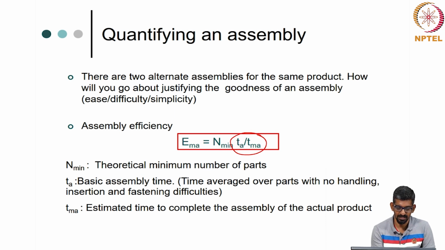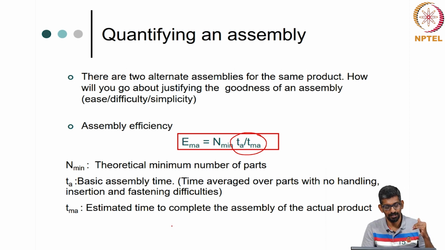What it says is there is a ratio TA divided by TMA. TMA is the estimated time to complete the actual assembly or the actual product that you have right now. That is your denominator, and the numerator is kind of the ideal.